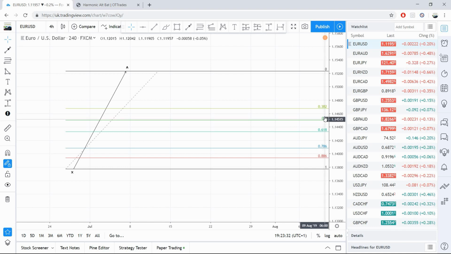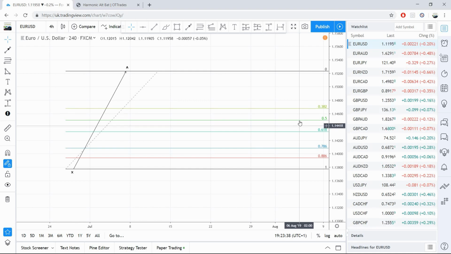So here, if it's a precise 50%, we're looking for it to fall 1 pip closer to 50% than 382, and 1 pip closer to 50% than 618. If it extends past halfway between these two, then it's classed as a 618. That's what I mean by precise.